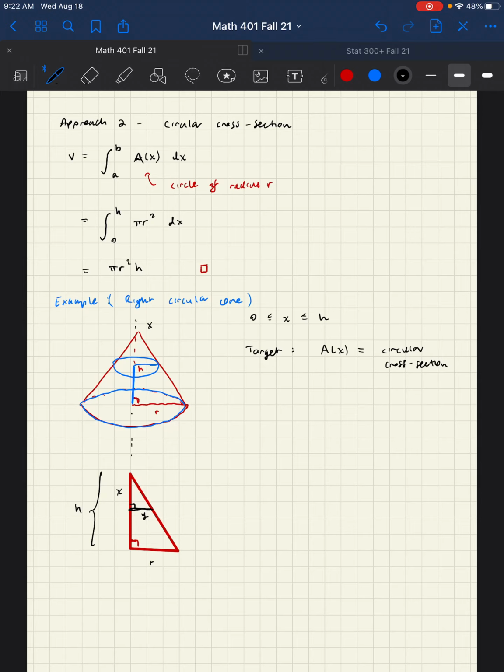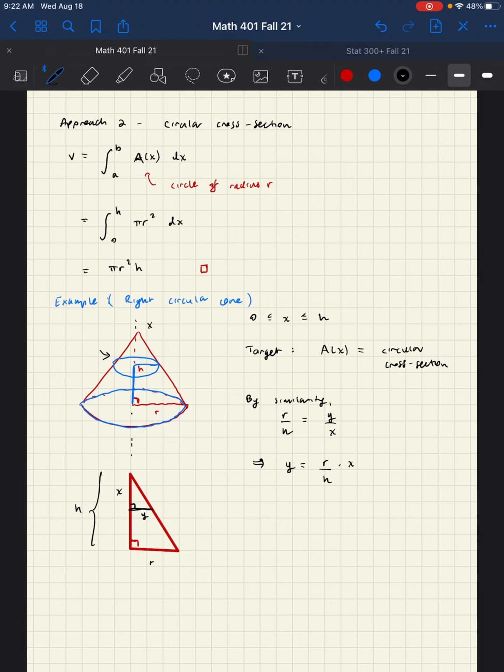All of this is to say that by similarity, and this is a consequence of geometry, the ratio r over h is the same as the ratio y over x, which suggests y equals r over h times x.